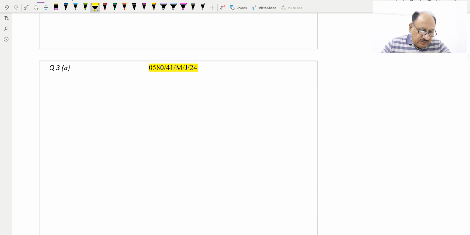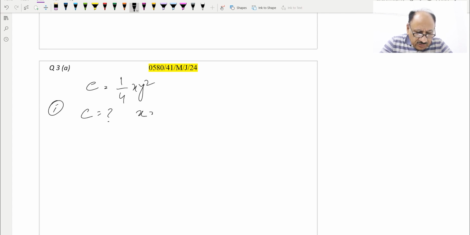Now, question number 3a part, this says that c is equal to 1 over 4 x y square, and part 1 says find c when x is equal to 5 and y is equal to 8. So we'll be replacing these values. C will be equal to 1 by 4 and 5 in brackets.